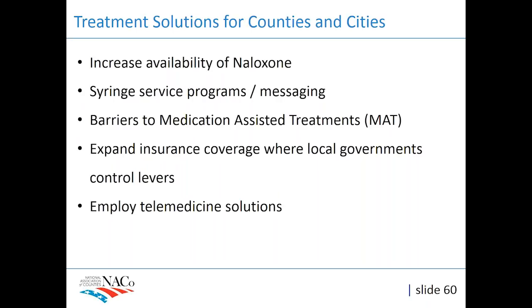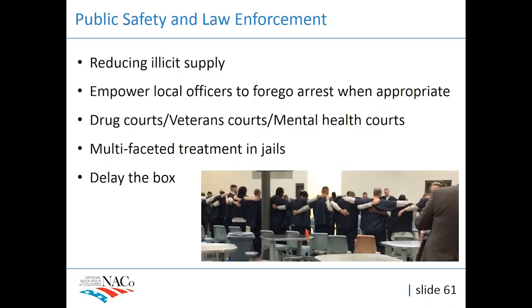So what is the proper balance in helping divert individuals out of the justice system and making sure that the justice system still has that deterrent quality of enforcing the law in ways that will limit supply of opioids? And there's a lot of cross-state and cross-county and city collaboration that plays into that as well.